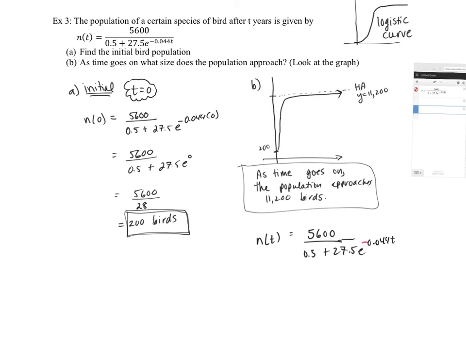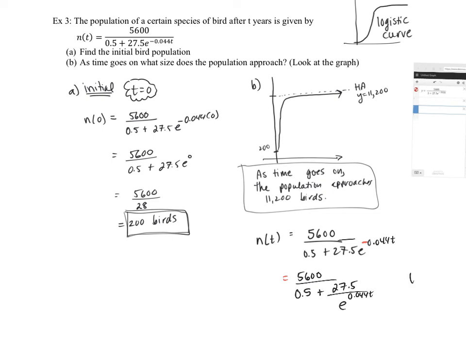So that would mean that I can use the reciprocal of e to the positive power. So this could simplify to 5,600 divided by 0.5 plus 27.5 divided by e to the positive power, 0.044t.